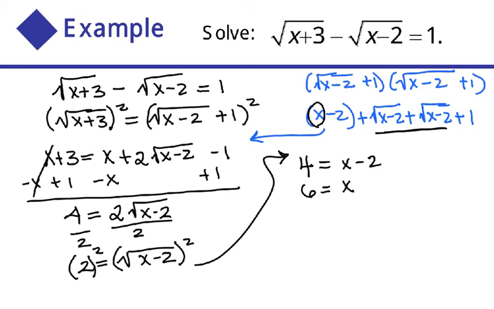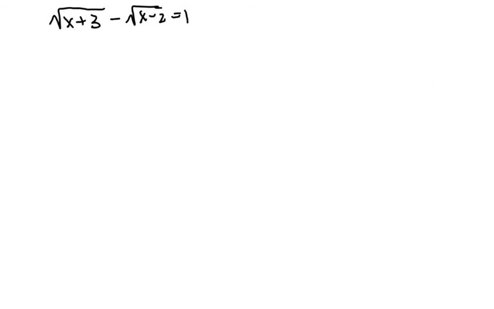So, let me get a slide up with that on it. Hold on. Okay, so here we have the original equation, and the answer we got was x equals 6. So we're going to put that 6 into the original equation. The square root of 6 plus 3 minus the square root of 6 minus 2 equals 1.